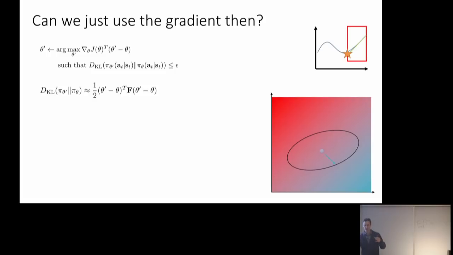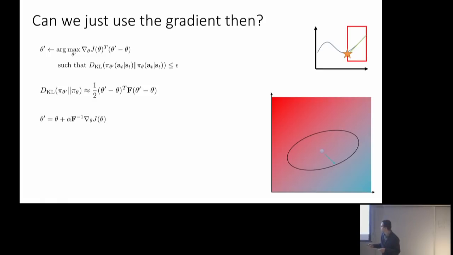All we've changed is we've squished or stretched it or rotated it in different ways, which of course still makes it easy to solve. So we've imposed a different metric on the parameter space, and this different metric is aware of how the different parameters affect the probabilities, which means that a step that goes to the edge of this ellipse will actually change the probabilities by a fixed amount.